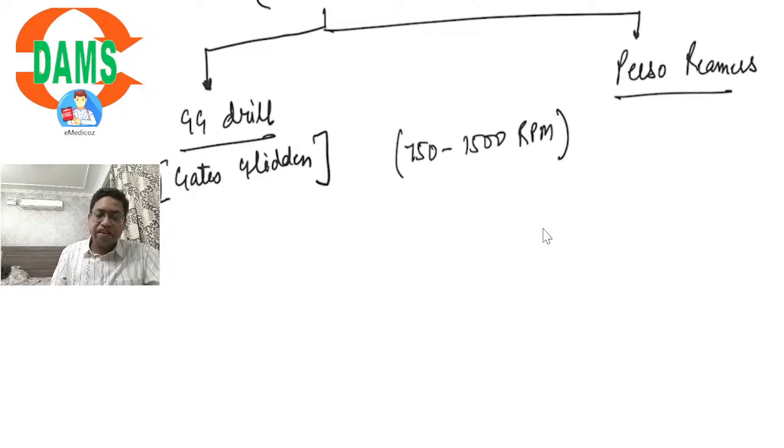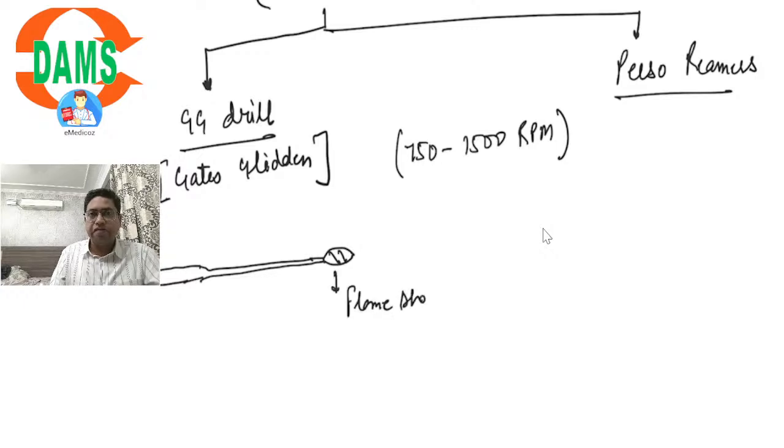GG drills have a design like this. There's a long and parallel metal shaft. At the end of that, there is a small flame-shaped head. On the other hand, peeso reamers have elongated parallel heads.